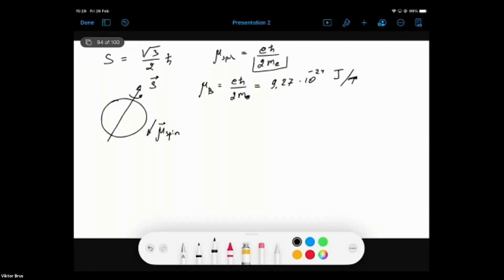So this is a constant called Bohr magneton, and this defines the smallest spin magnetic moment of electron.